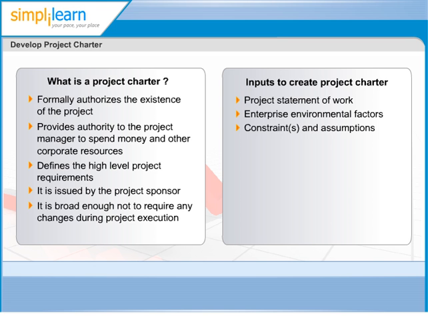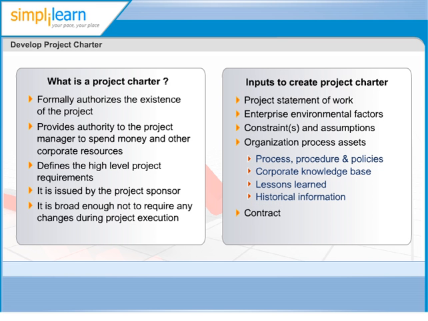The last factor to be considered is organizational process assets. This is a broad term and includes all the organizational process, procedures and policies, corporate knowledge base, and historical project information.